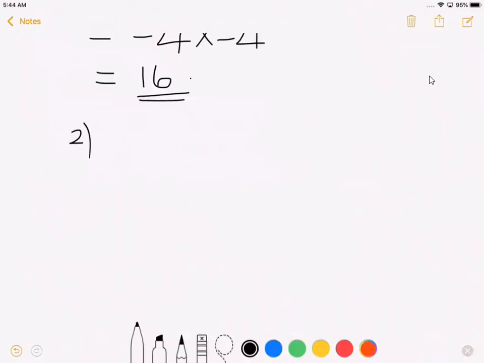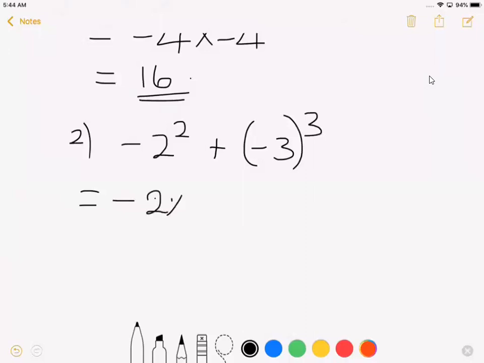Example number 2. What is minus 2 squared plus minus 3 cubed? In the first one, only 2 is being squared, so you bring down the minus. Then you square the 2, because 2 squared means 2 times 2. I'm not squaring minus 2, I am squaring only 2. The minus is not being affected by the square, so you bring it down.